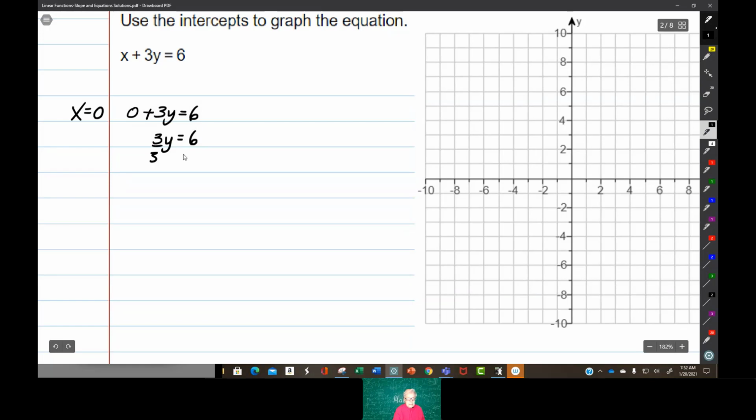Divide by 3, so y equals 2. When x is 0, y is 2. So that gives us the point (0, 2), which is right here. This is the y-intercept.